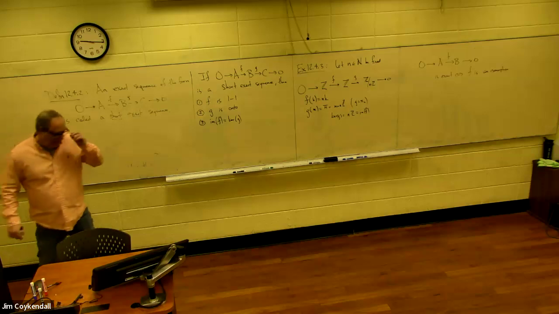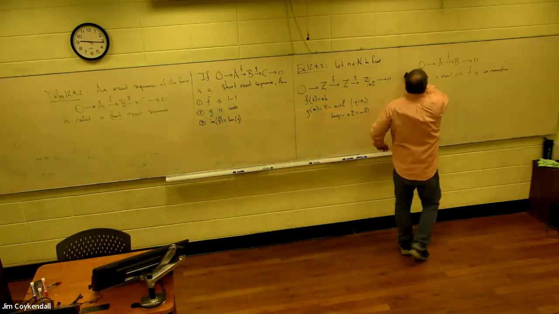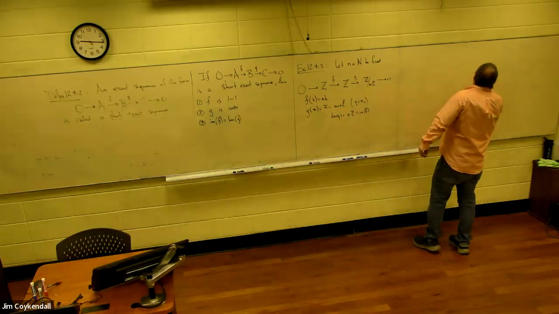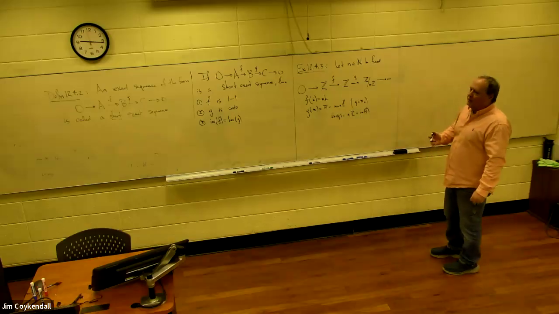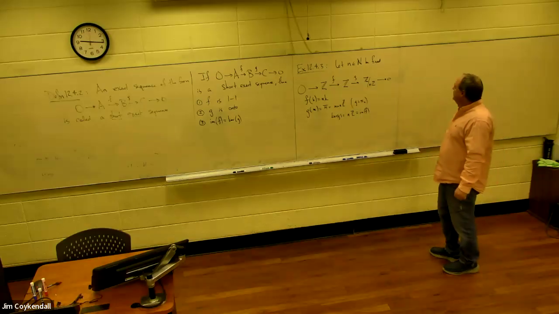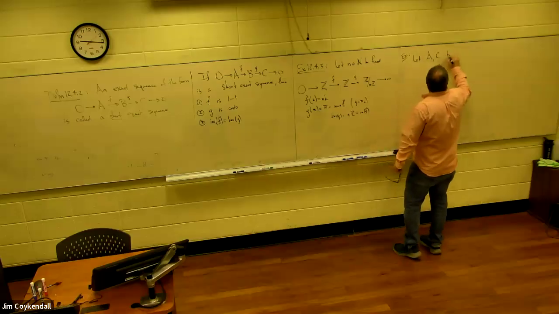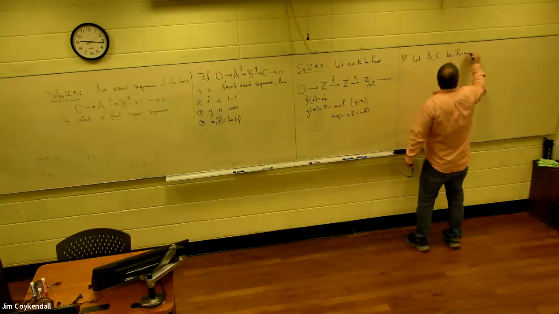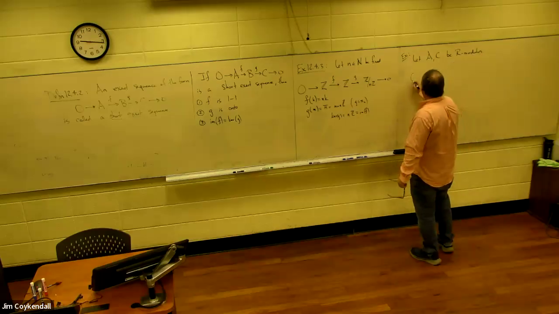Here's one. And this one is a model for many important examples of short exact sequences. Let A and C be R-modules.